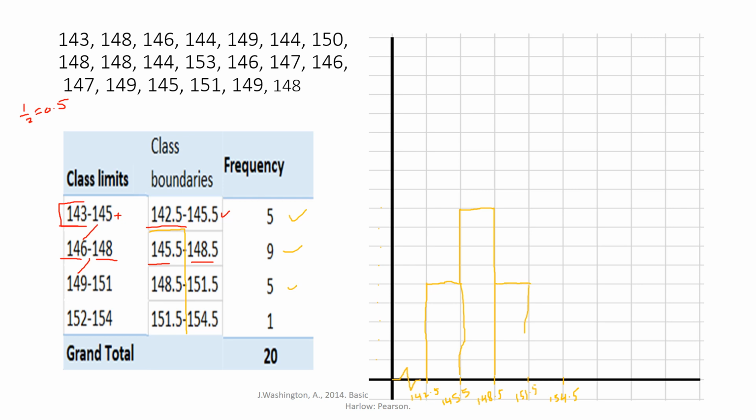And this is 1. Okay, this line is for class boundary. You need to write a title on it. This is for frequency. Okay, and you should write here on the top, histogram for such and such. Okay, titles are important.